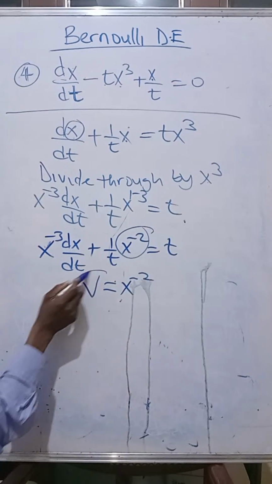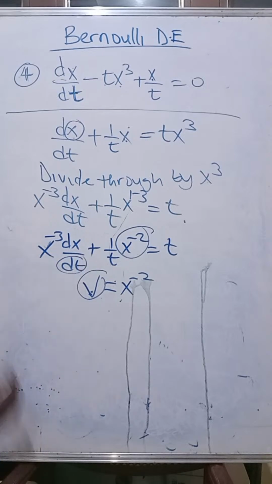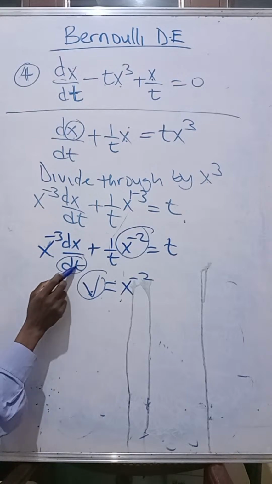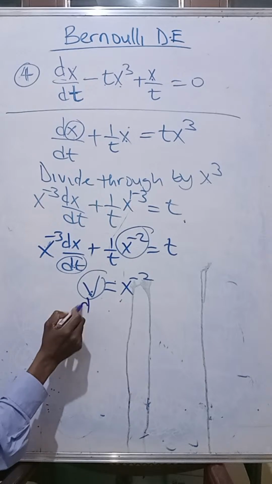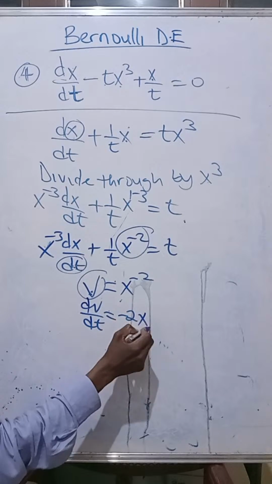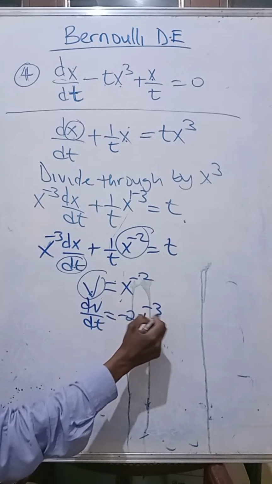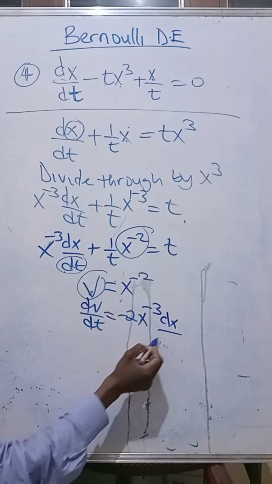Then differentiate this one implicitly with respect to t. Previously, all of them have been x, but this one is t. So with respect to t, that will be dv dt equal to minus 2 x to the power minus 2 minus 1, which is minus 3, times dx dt.